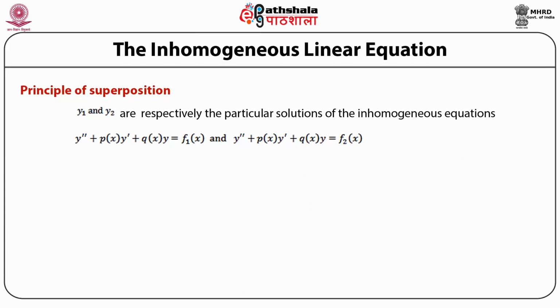The principle of superposition states that if y1 and y2 are particular solutions of the inhomogeneous equations y double prime plus px y prime plus qxy is equal to f1x and y double prime plus px y prime plus qxy is equal to f2x respectively, then ynx is equal to y1x plus y2x is a particular solution of the equation y double prime plus px times y prime plus qx times y is equal to f1x plus f2x.